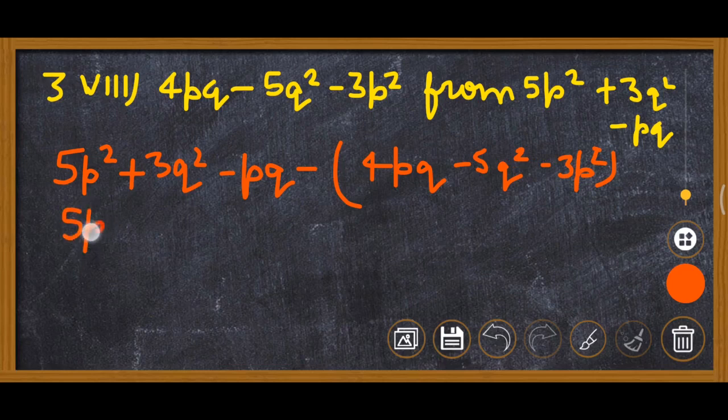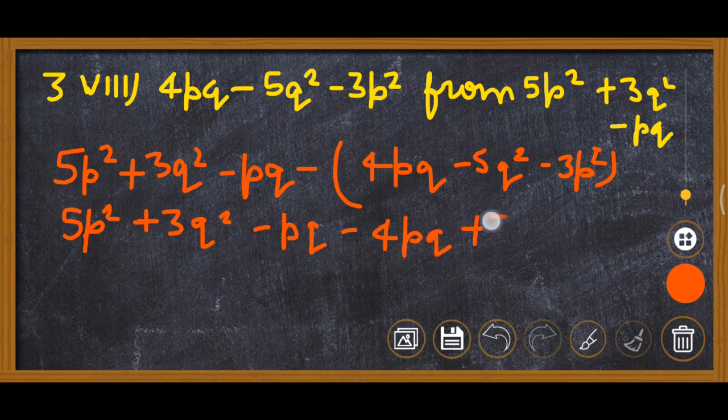Now we will open these brackets. Now this is minus 4pq minus minus plus 5q square and minus minus plus 3p square.